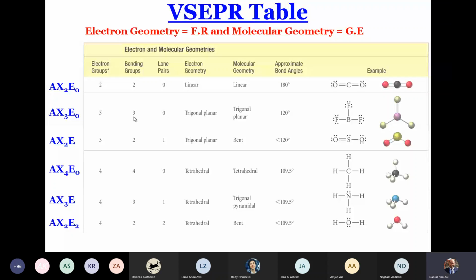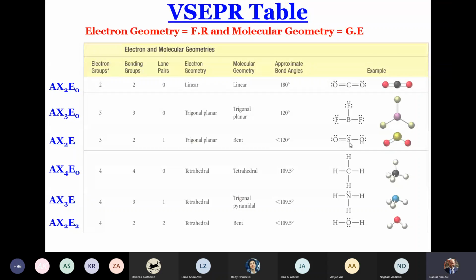For EP equal 3, the figure of repulsion is trigonal planar. And since we don't have NBP, the figure of repulsion is the same as the geometry. The angle is equal to 120 degrees, and this is the ball and stick geometry.